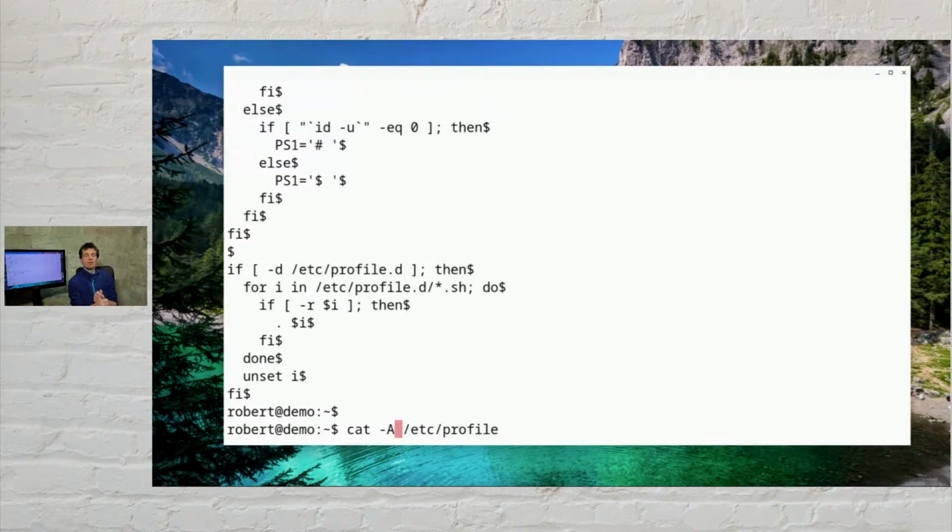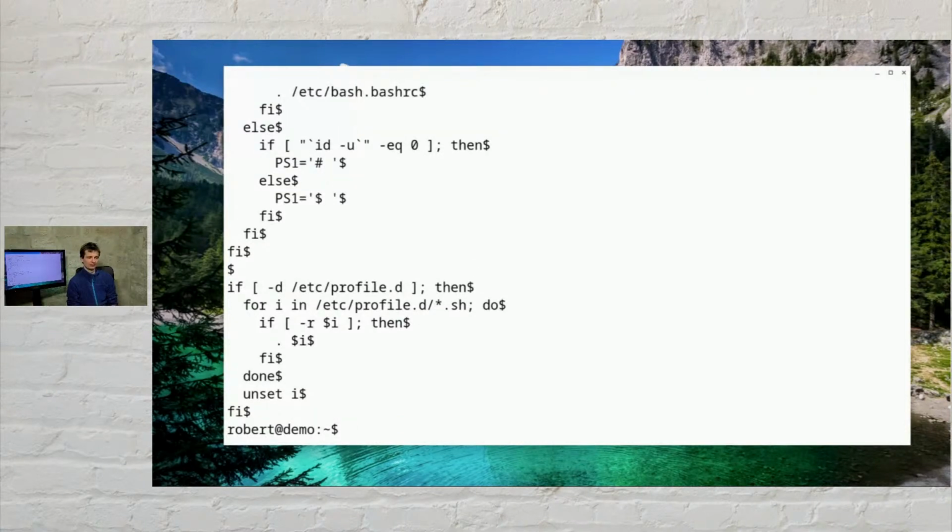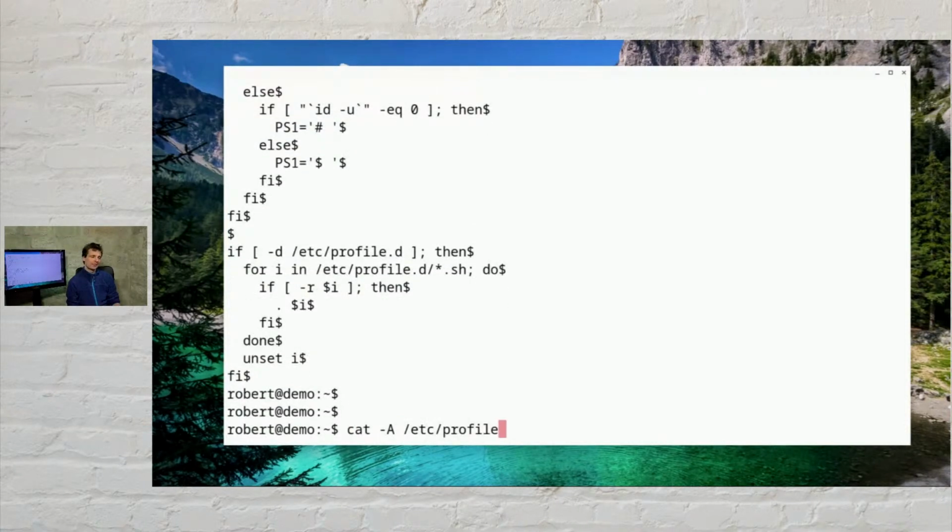Then cat marks the line ends, cat marks the tabs, and cat marks any special non-printing characters. Yeah, cat -A /etc/profile. This can be really useful if you have, for instance, data.